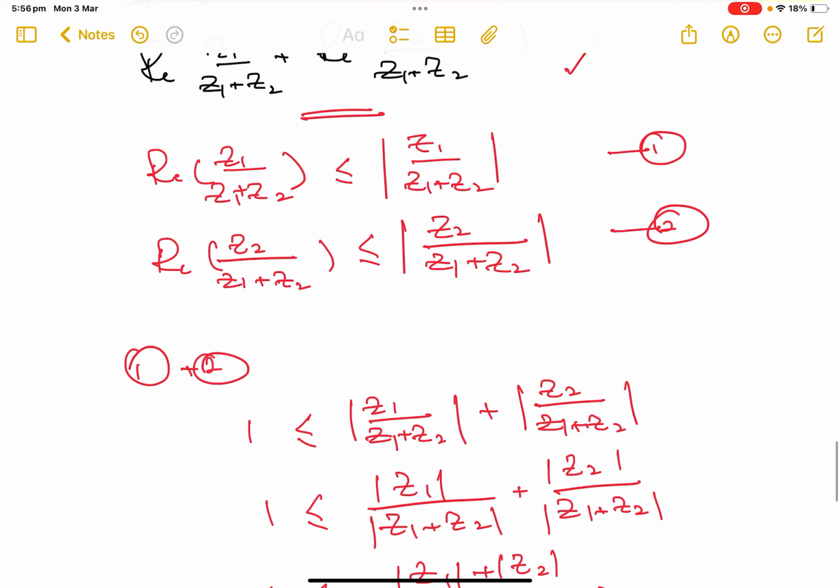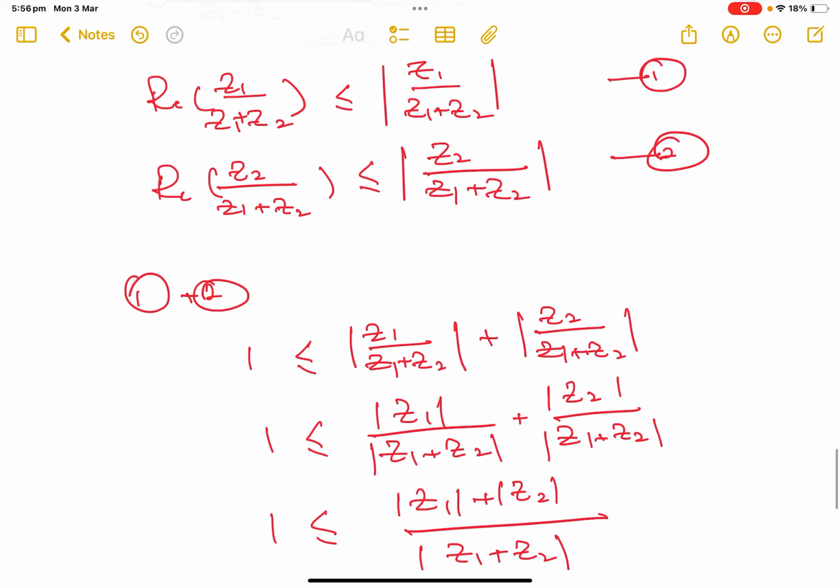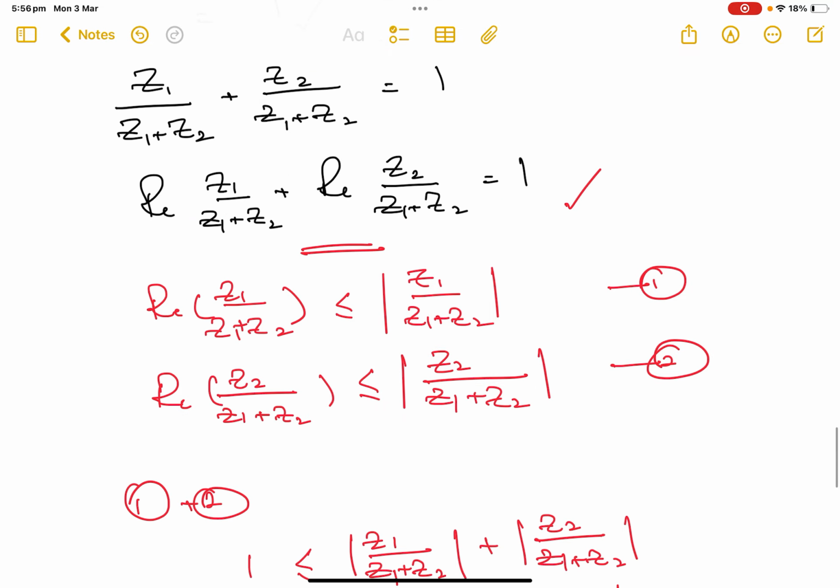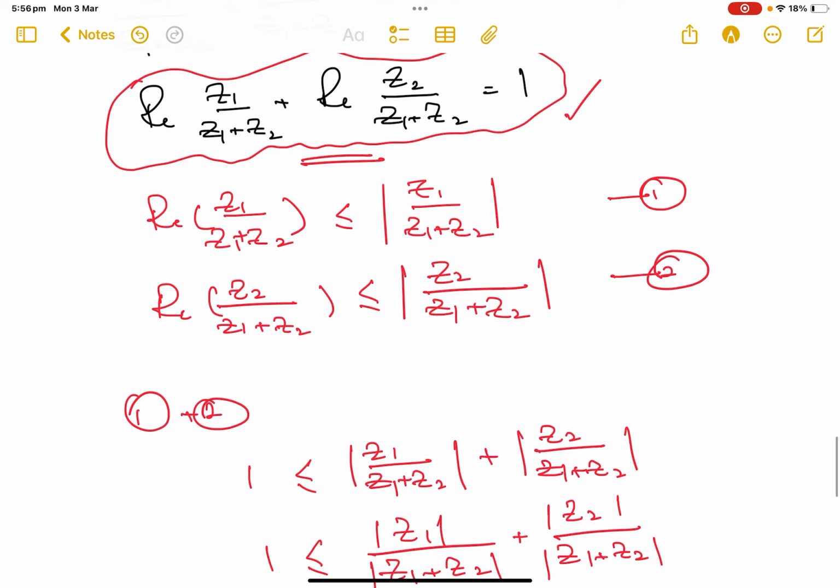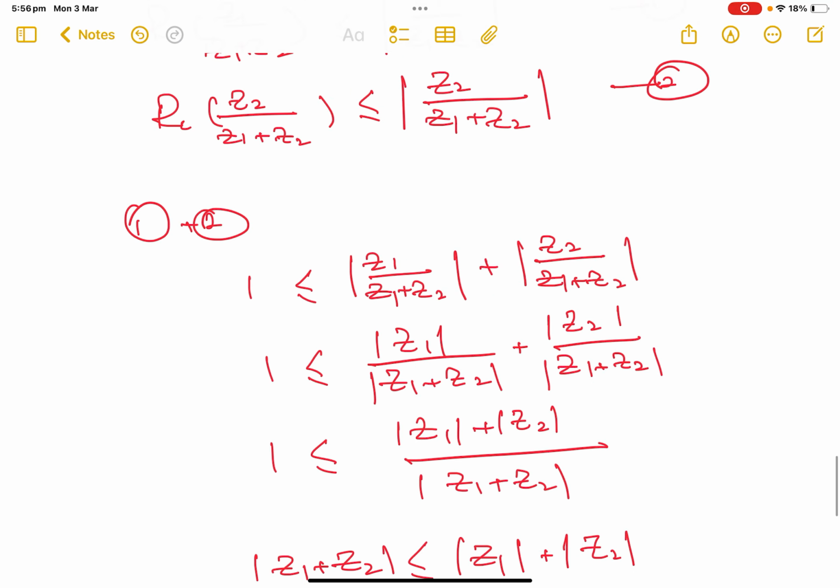Then if you add them together, the left-hand side, the real part of Z1 over Z1 plus Z2 plus the real part of Z2 over Z1 plus Z2, which we have proved here, is equal to 1. So the left-hand side, when you add it, is 1.